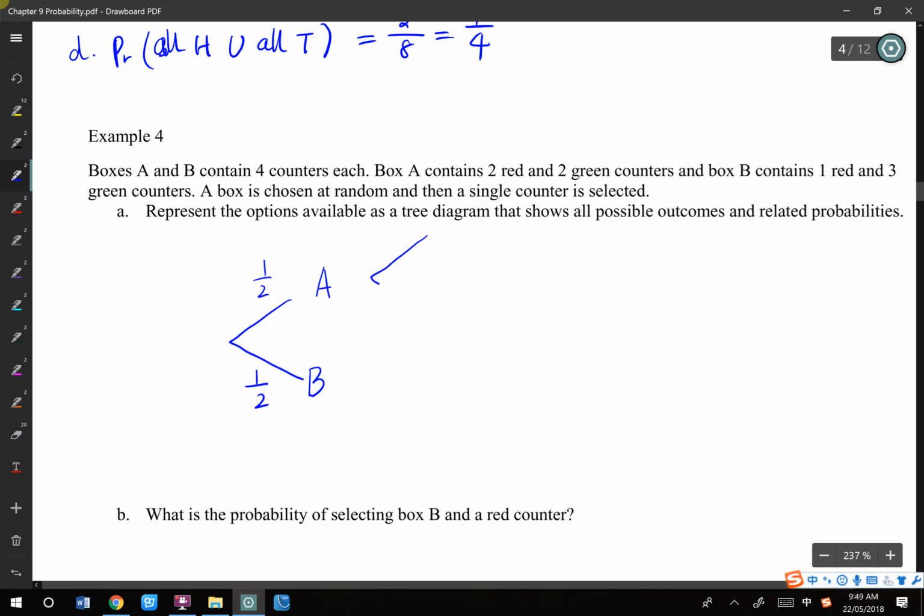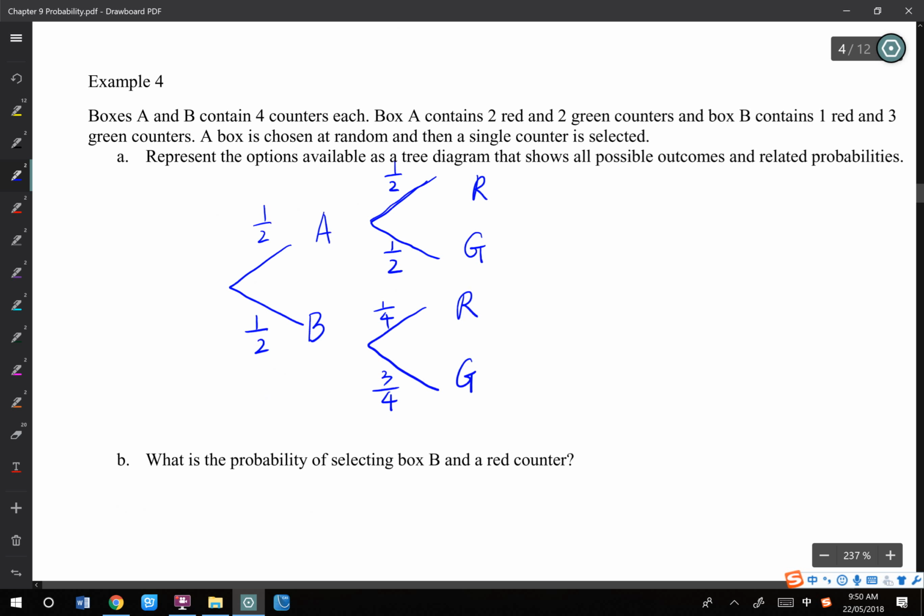For box A, what do you get? Red and green, so what's the probability? Half and half. For the second one, red is a quarter, and green is 3/4. So that's the tree diagram.